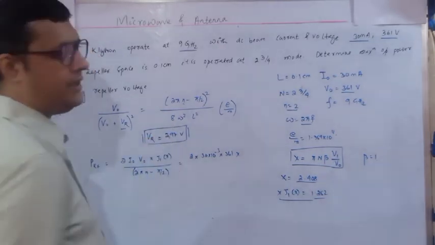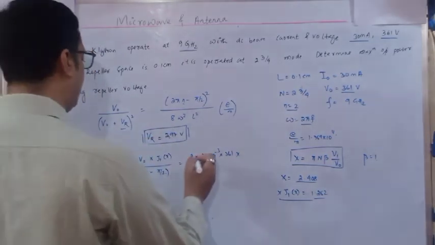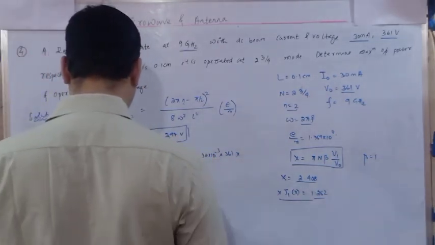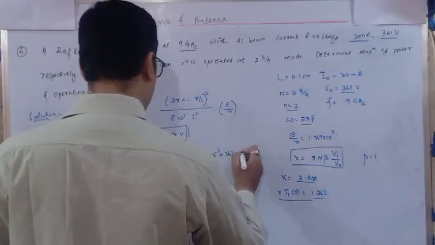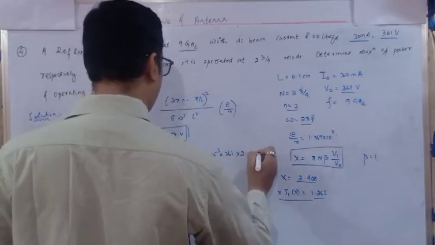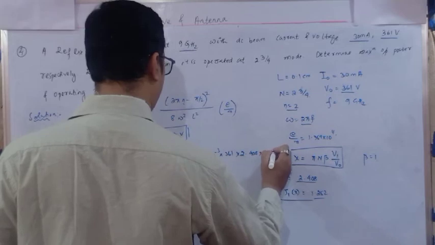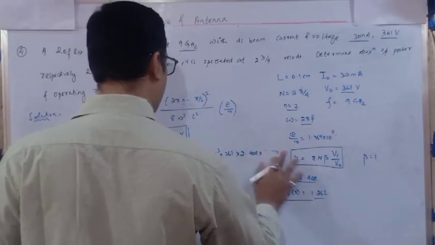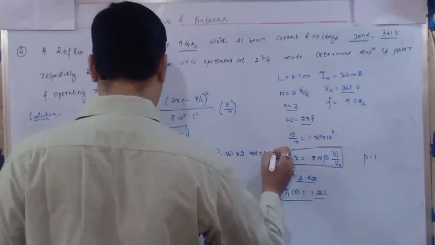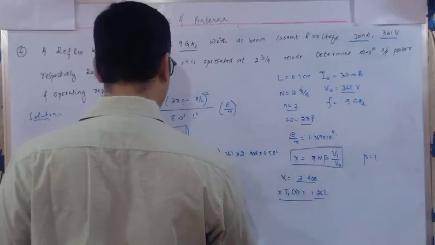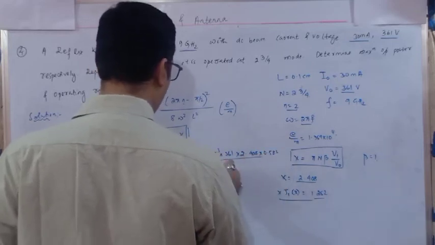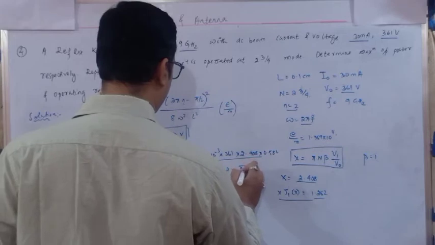Substitute this value over here and you will get 2.408 into 1.252, or here you can write 0.582, divided by 2 pi into 2 minus pi by 2.